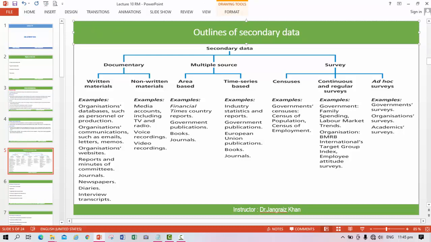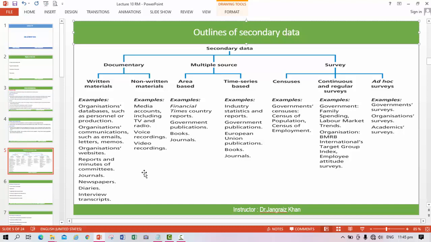We can see that we have documentary data, which can be in the form of written materials or non-written materials, and the written materials can be organizational databases such as personnel or production, organizational communication such as emails, letters, memos, etc. Similarly, organizational websites can provide such type of documentary data.